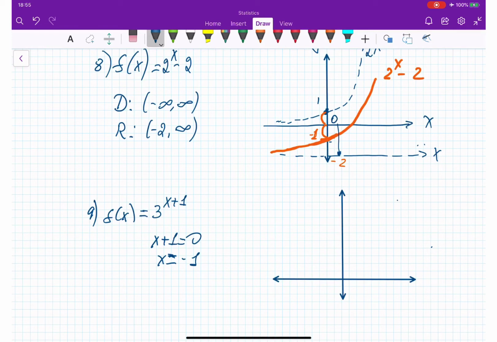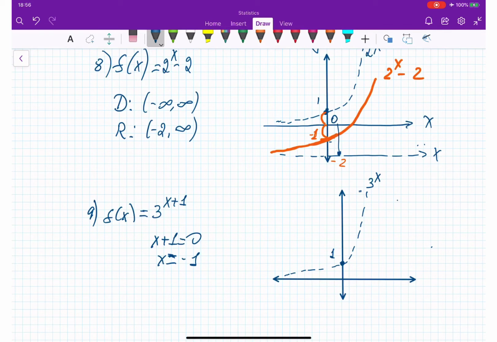Let's say this is my 3 to power x, and this is the point 0, 1, because every such graph goes through it: if x is 0, 3 to power x is 1.